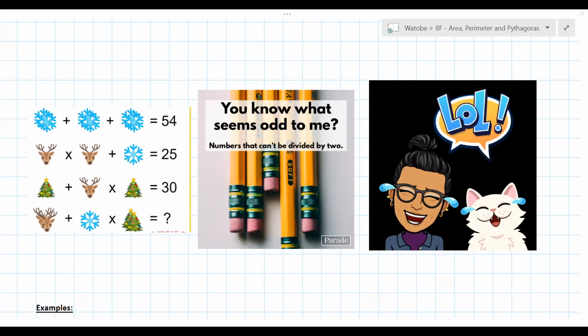Remember, we are looking for the final answer. So if you're giving me 18, you're giving the clues of what other people need to find. So 18 is not a final answer. I'm looking at the final answer where there's a question mark. If you can tell me that answer, you're the winner of today's quiz. Let's go, my peeps. We can do this.